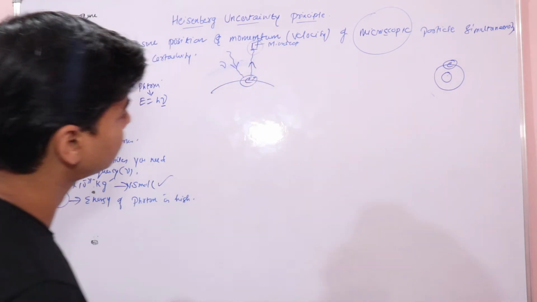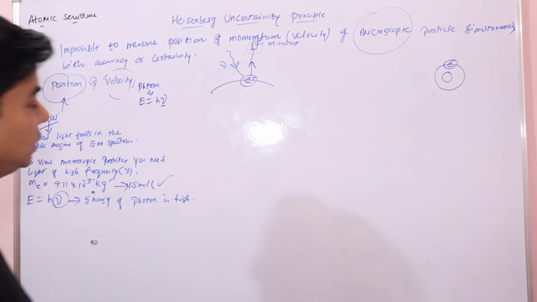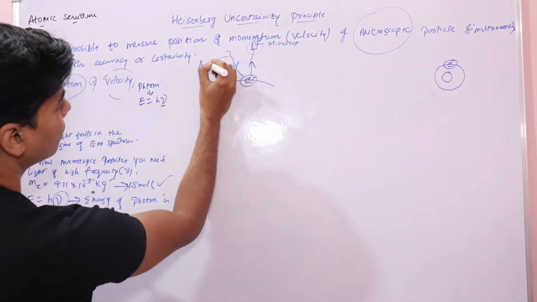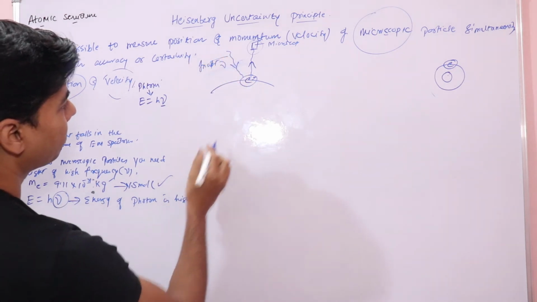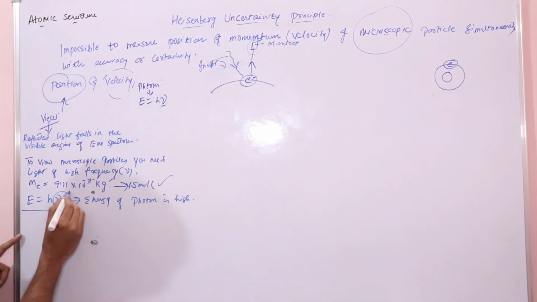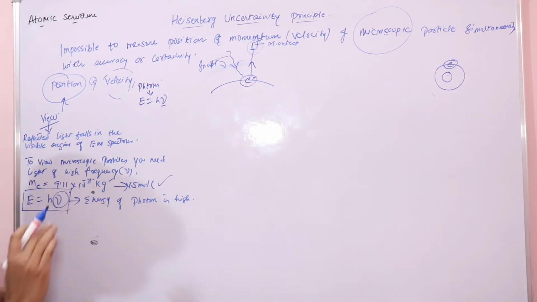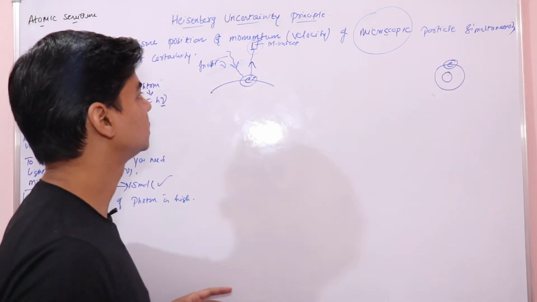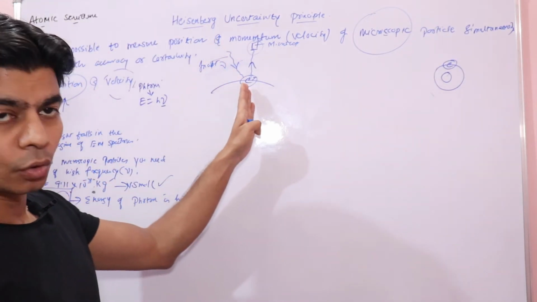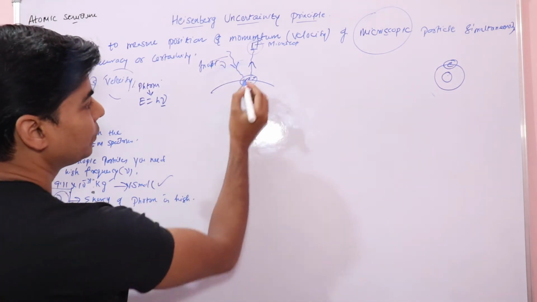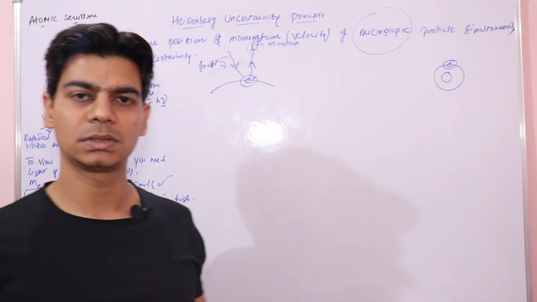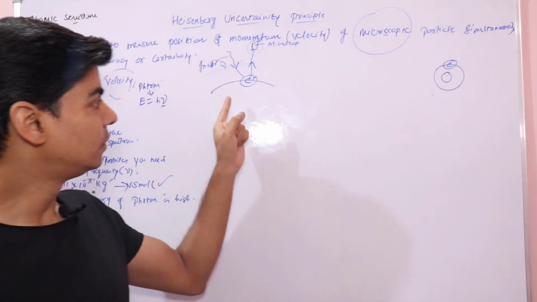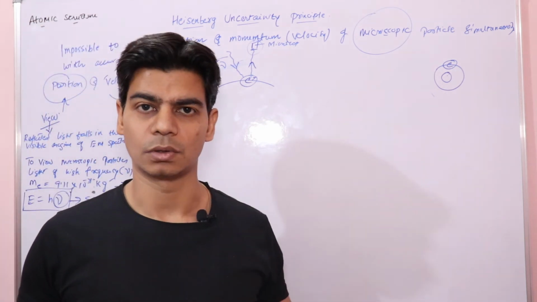Light reflected. Now, since I said the energy of this incident light is high compared to the light in the visible region that we use for bigger, macroscopic particles, when the photon of high frequency strikes or collides with this electron in order to locate or view it, it will transfer some of its energy to this electron.